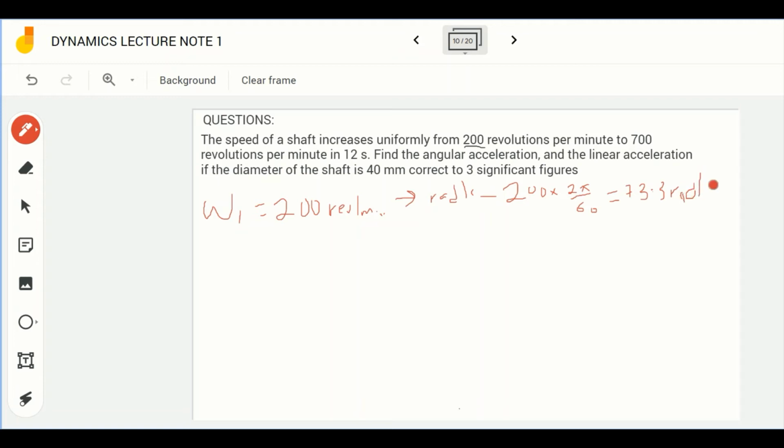All right, so the next one is to 700 rev per minute. So that is my final angular velocity, 700 rev per minute.